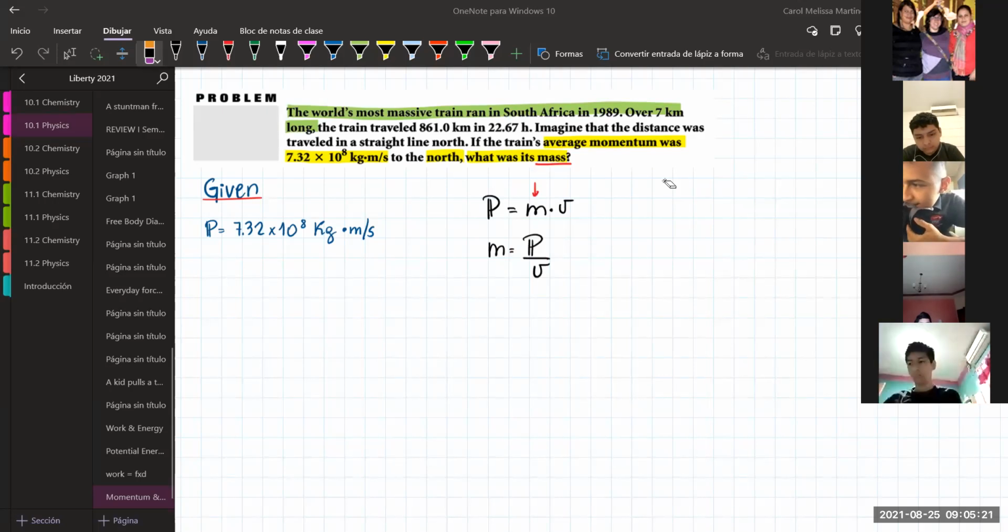Now, what do we do with 7 kilometers long? What's this data? This data is what we know as extra data, okay? We don't really need it because this has only one purpose.